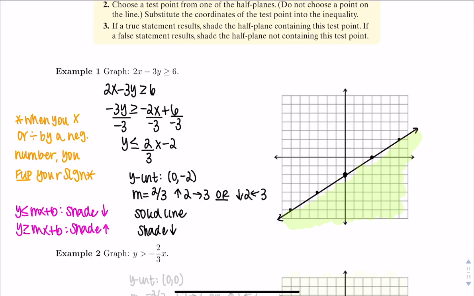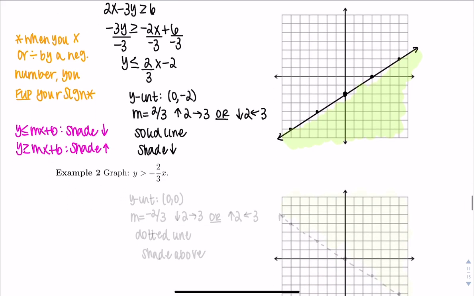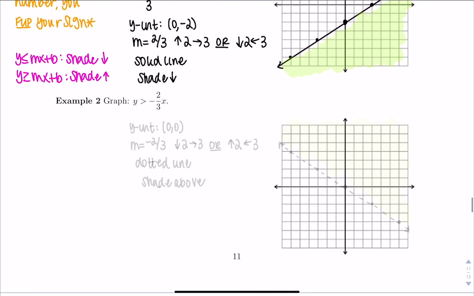So go ahead and pause the video and try example number 2 on your own. This one is already in slope-intercept form. So my y-intercept is going to be at 0, 0.